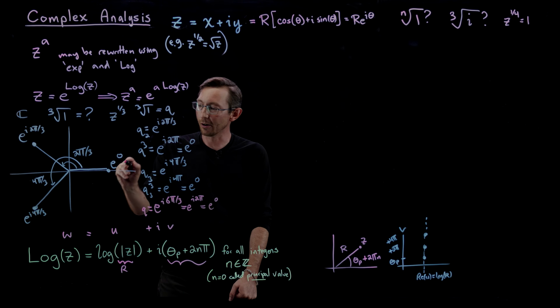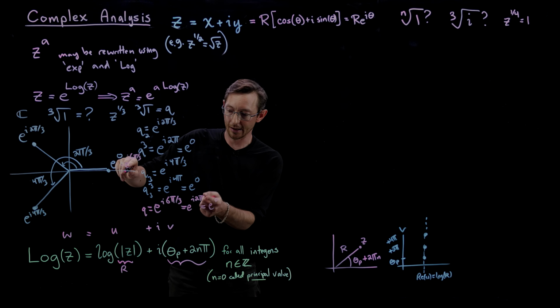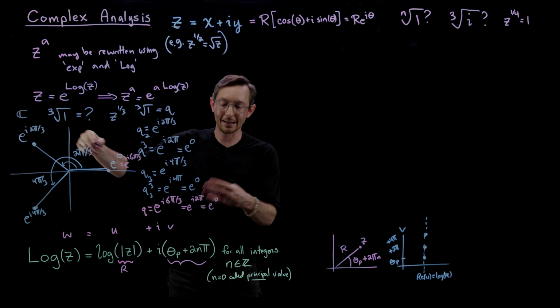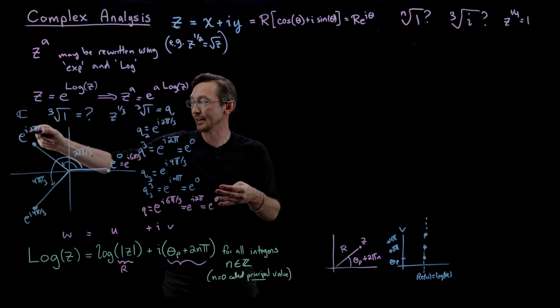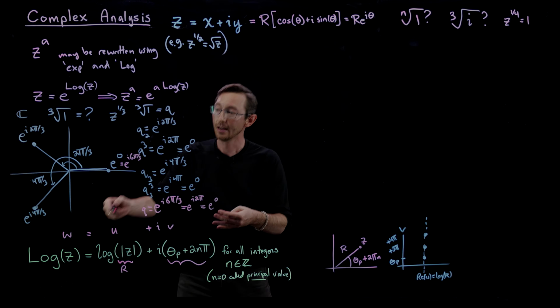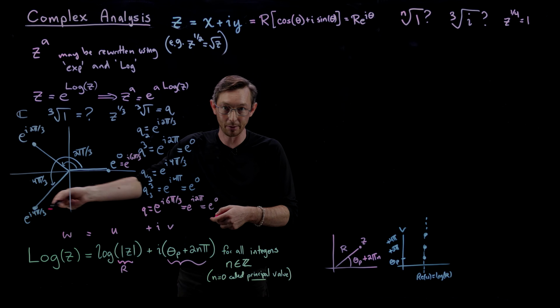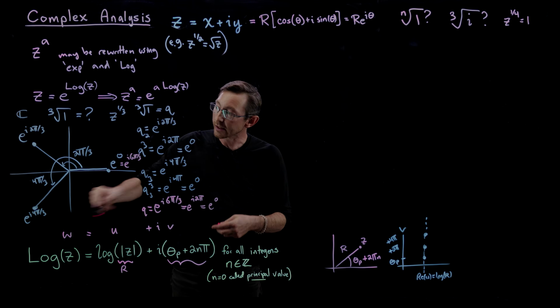So e to the 0 is e to the i 6 pi thirds. And so once I go around again, I can't do 8 pi, because this is also e to the i 8 pi thirds, and this is e to the i 10 pi thirds, e to the i 12 pi thirds, e to the i 14 pi thirds, 16 pi thirds, 18 pi thirds, and so on and so forth.